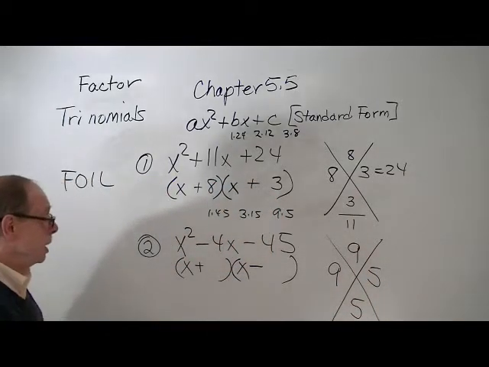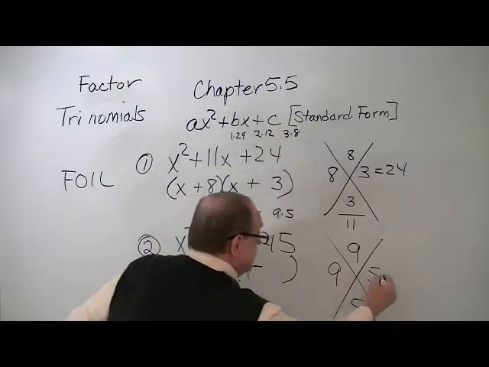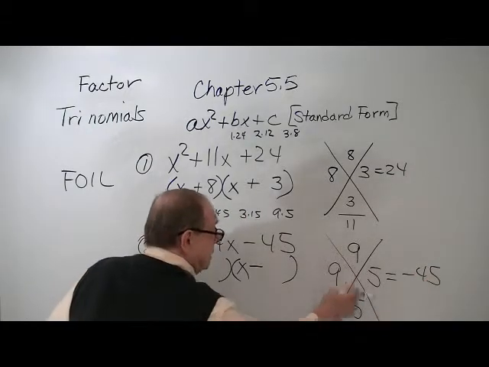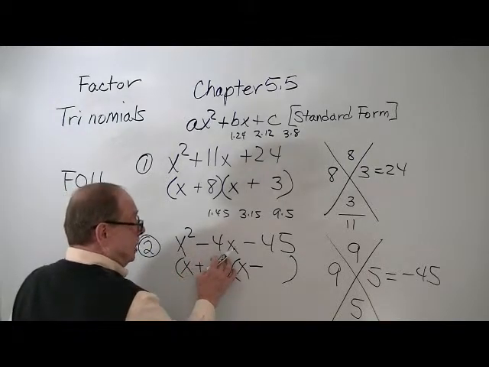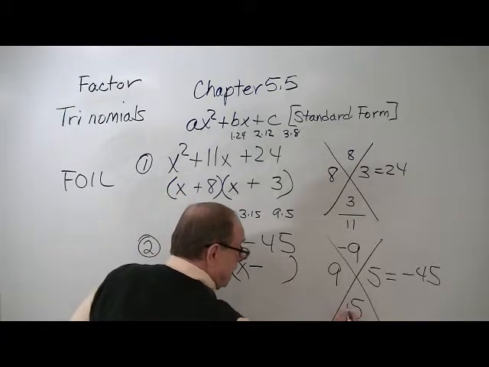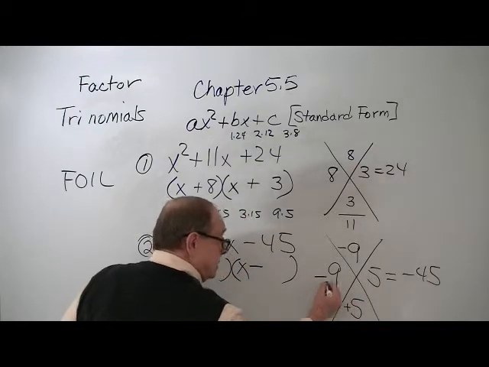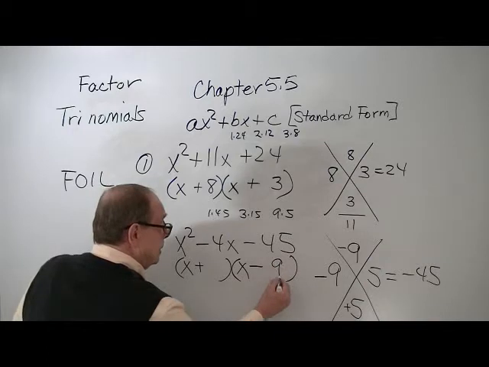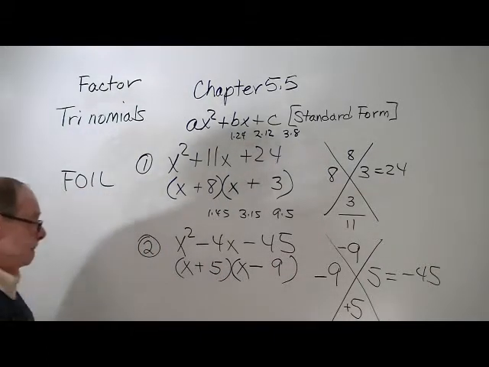Now, we want our sum of this. This is going to be a negative 45, but we want our sum of this to equal a negative 4. So the 9 needs to be negative, and the 5 is positive. So to get our negative 45, our 9 needs to be negative. So we'll put our 9 there, and we put our 5 there.